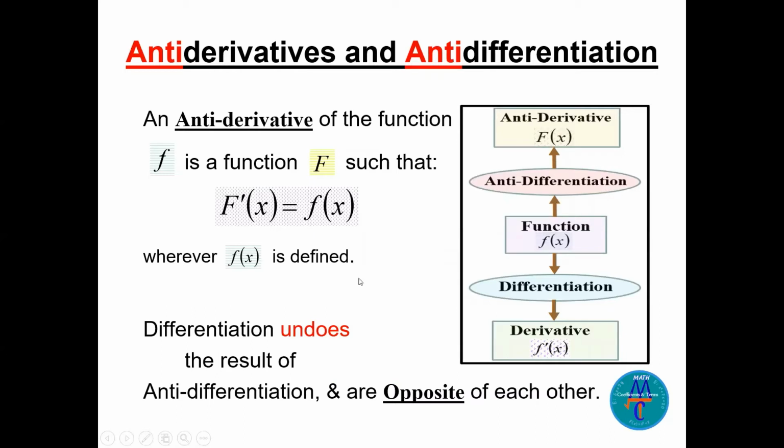Now, this is a little diagram here that will clarify the relation between the derivatives and antiderivatives, differentiation and anti-differentiation. If we have a function f, we can use differentiation to find the derivative f prime.